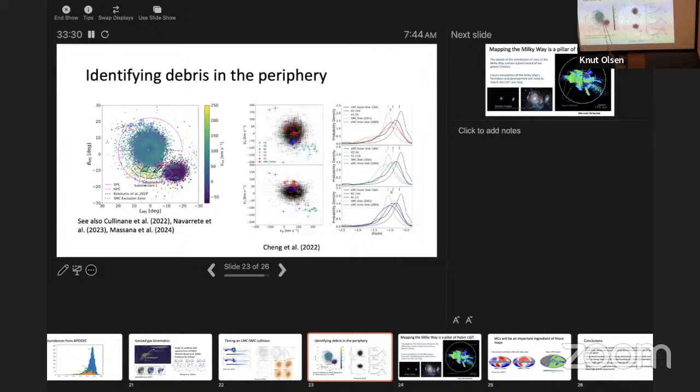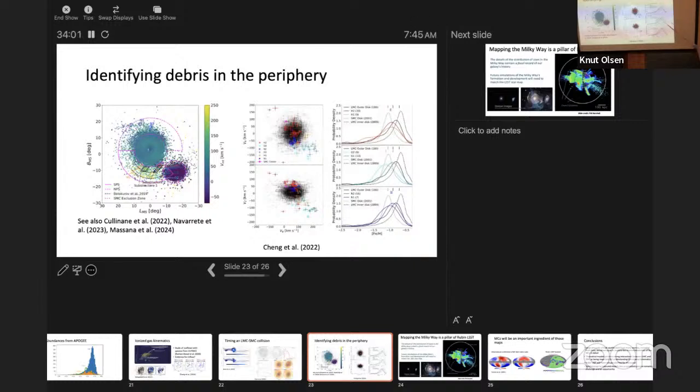So you can see that in the LMC you have a rising intensity of the velocity, which is the flat rotation curve, and the SMC has a very different internal velocity in this diagram. So there's all this stuff down here that has quite distinct velocities in this analysis, which we think is debris associated with the interaction between the LMC and the SMC.